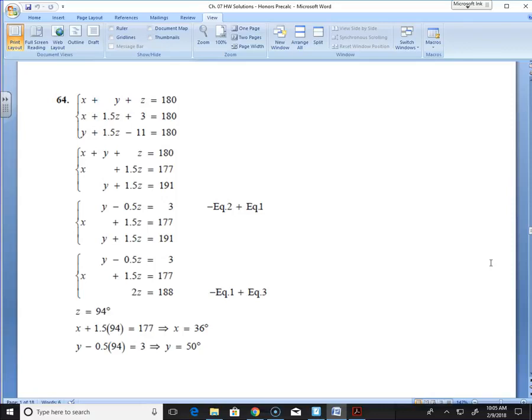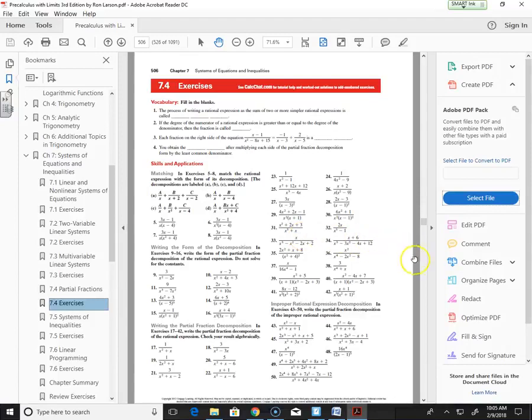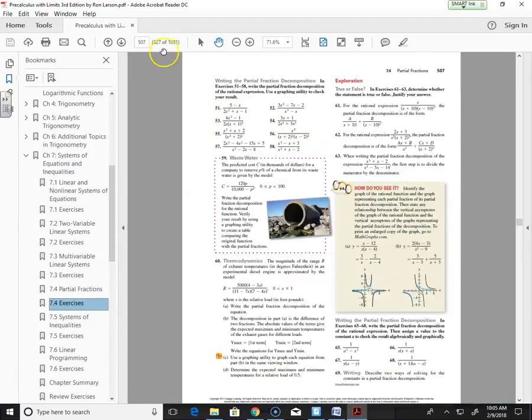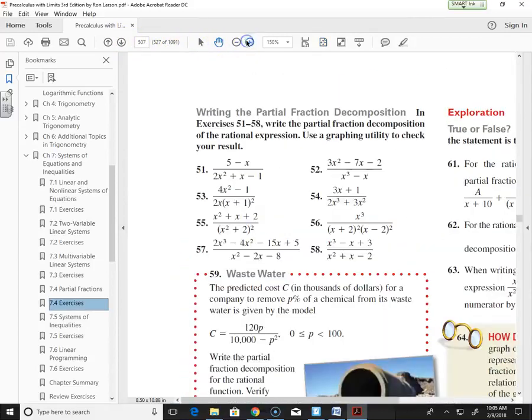As you were checking 64, in case something went wrong. Any evens or odds outstanding that we had questions on? Yeah, Ryan. 59. Let me go look at it right now. Oh, it was a word problem. Okay, anything else besides 59?